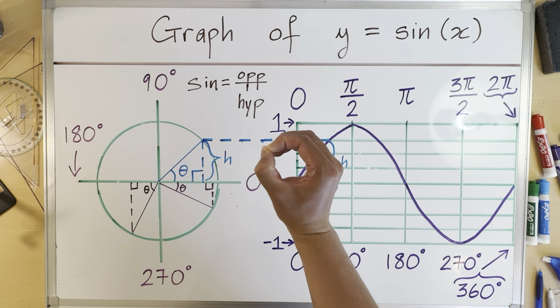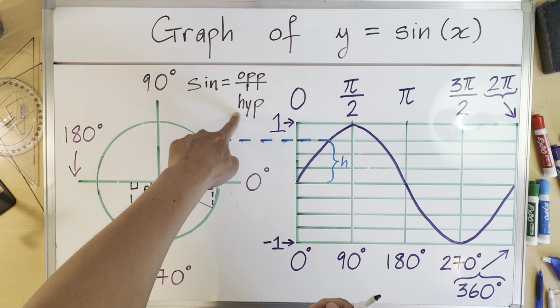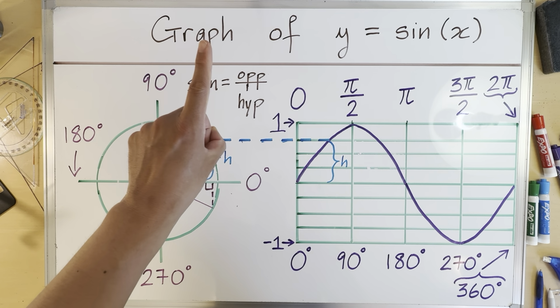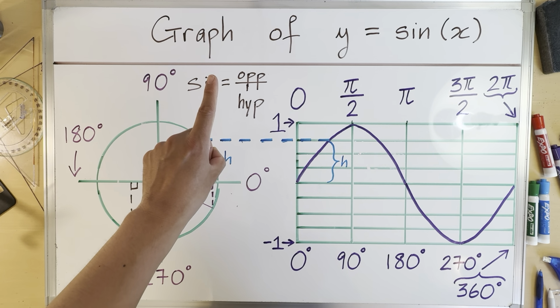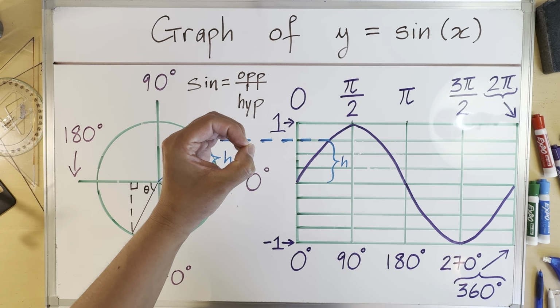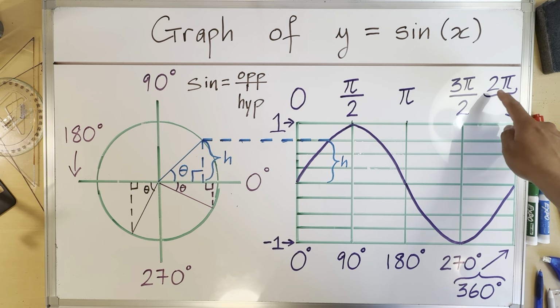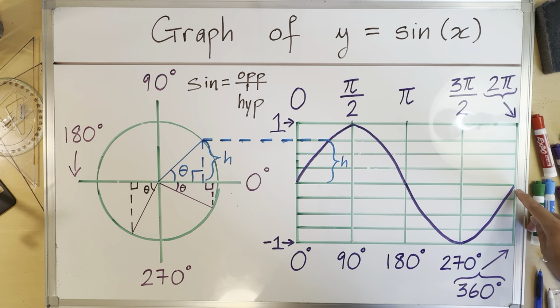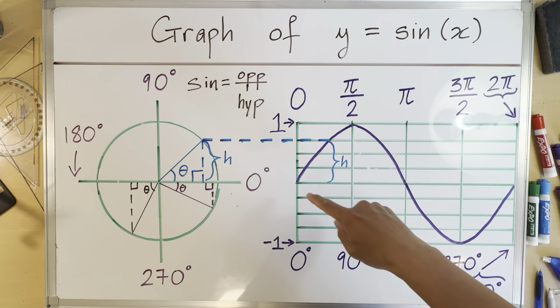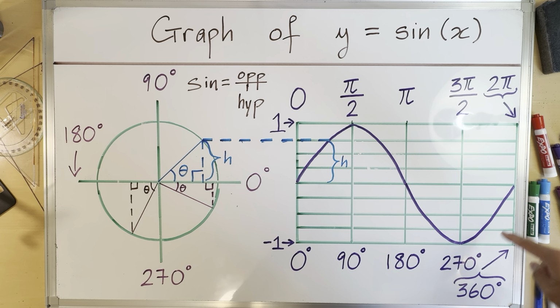And 0 divided by the hypotenuse, with the hypotenuse being exactly 1 unit long, produces 0, because 0 divided by anything gives us 0. And for that reason, the graph at 360 degrees, which is 2 pi radians, returns back to 0. And from this point onwards, the cycle repeats itself.